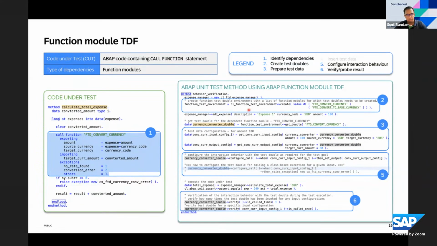Function module TDF offers this kind of an API to start with the function test environment. Previously, you have seen CL_OSQL_TEST_ENVIRONMENT, and here CL_FUNCTION_TEST_ENVIRONMENT. So you get that, and then create the environment, and you provide all the dependencies that you have. If there are more call function statements, you can mention them like this.